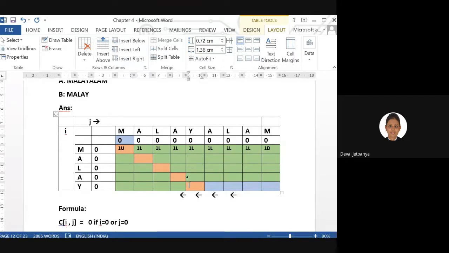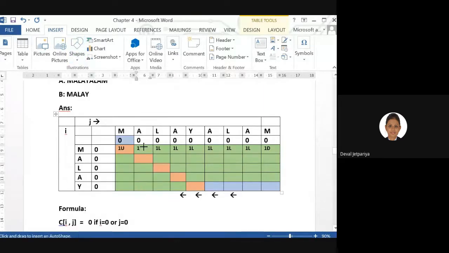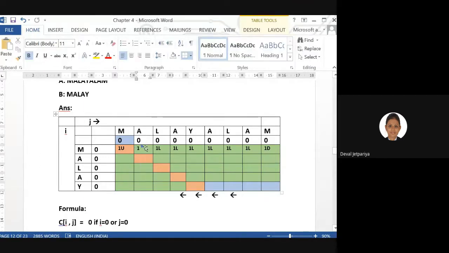Yes, it is required to keep the reference letter. In some reference books you might see them shown with arrows: diagonal shown like this, left hand side shown with a left arrow, and above shown with an above arrow.